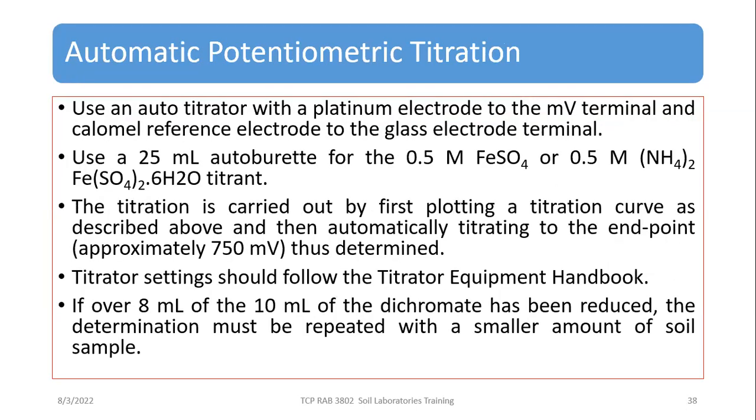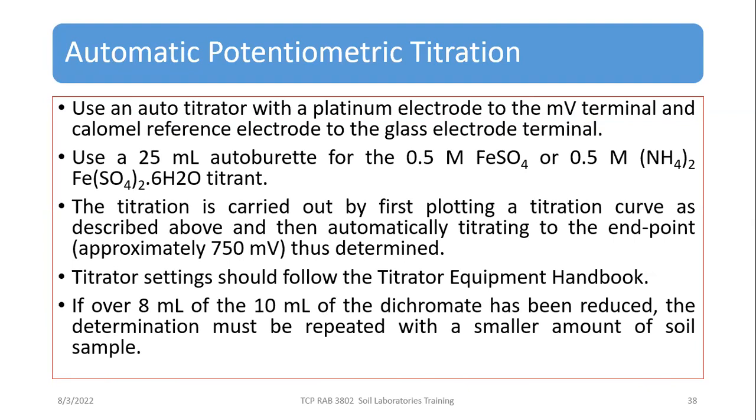For automatic potentiometric titration, use an automatic titrator with a platinum electrode to the microvoltage terminal and a calomel reference electrode to the glass electrode terminal. Use a 25 ml autoburette for the ferrous sulfate or ferrous ammonium sulfate titrant.